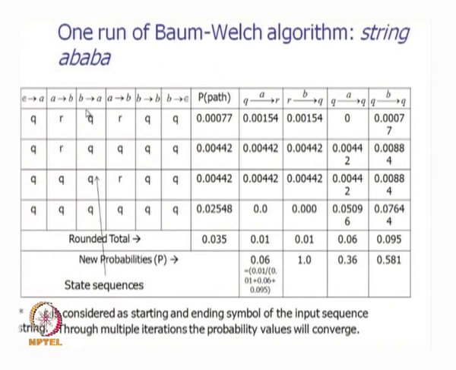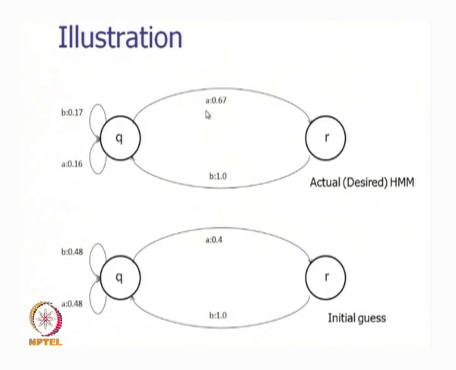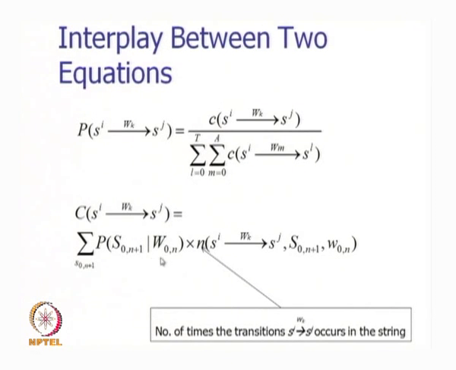We can make a check against the machine which is given to us through the initial guess, and once we do that, we find that the probability of the path is 0.00077. So, this gives us the first factor of this expression, P(S_0 to S_{n+1} | W_0 to W_n).